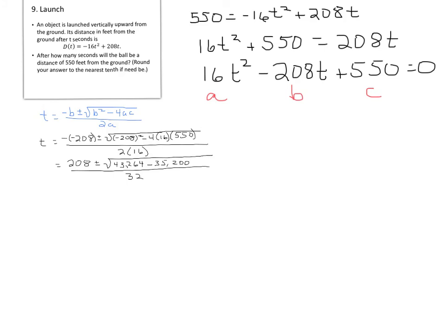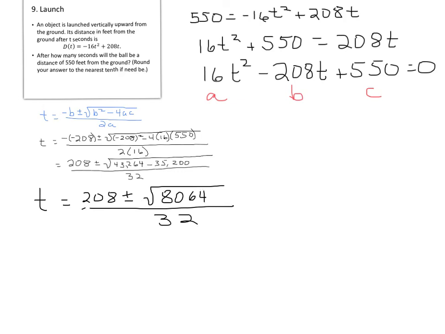Continuing on, we get that t equals 208 plus or minus the square root of 8,064, over 32. Okay, let's go off to the side here and do a factoring tree for 8064. Turns out that 9 goes into 8064 896 times, and of course we're going to just put 3 squared here because that's what we're looking for, our squared terms.